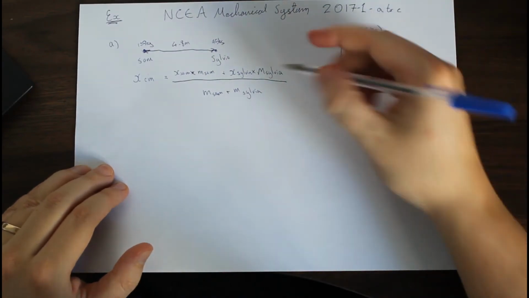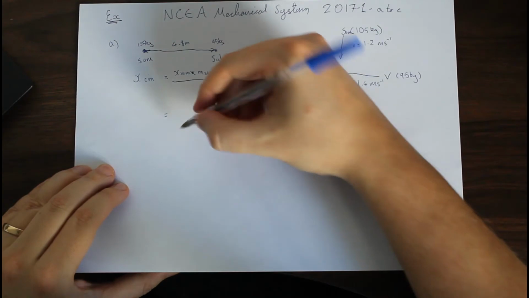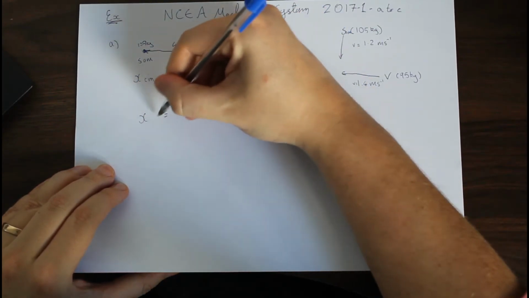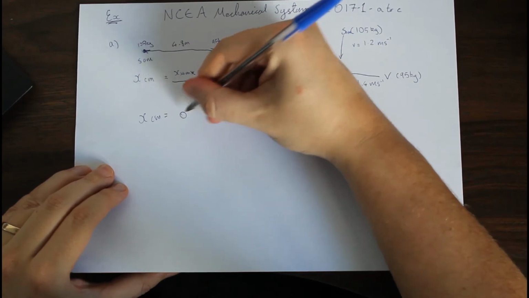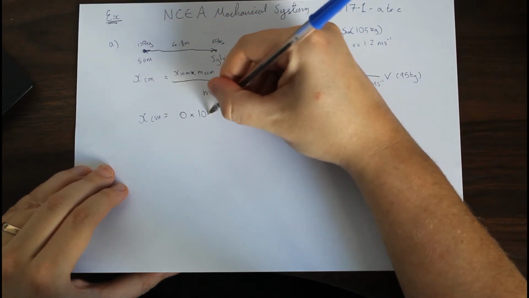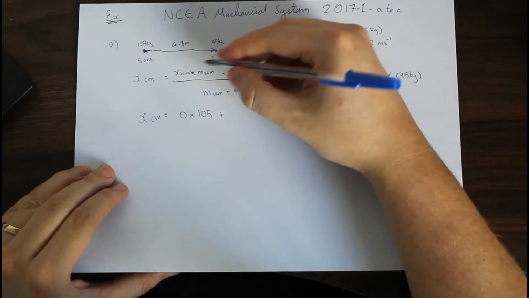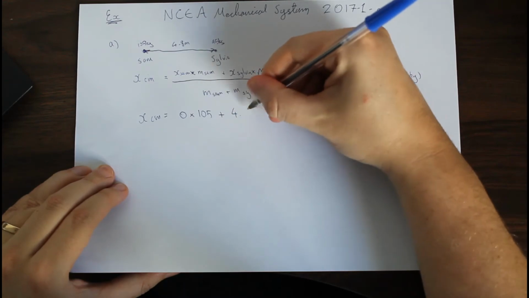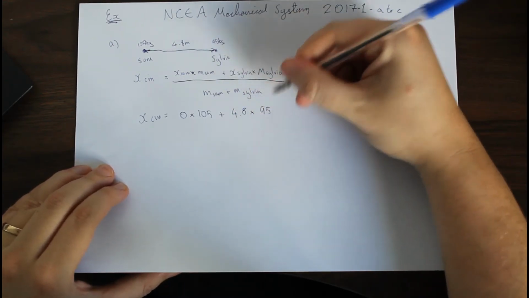Okay, so all I'm going to do now is plug and chug, put the numbers in. I get X CM equals the distance from Sam to Sam, which is 0, times his mass of 105 kilograms, plus the distance of Sylvia, which is 4.8 meters, times her mass, which is 95.